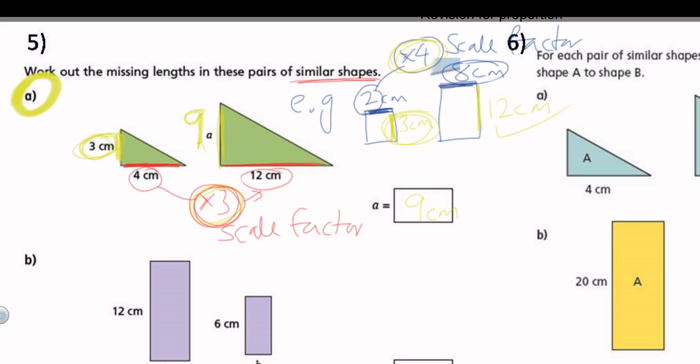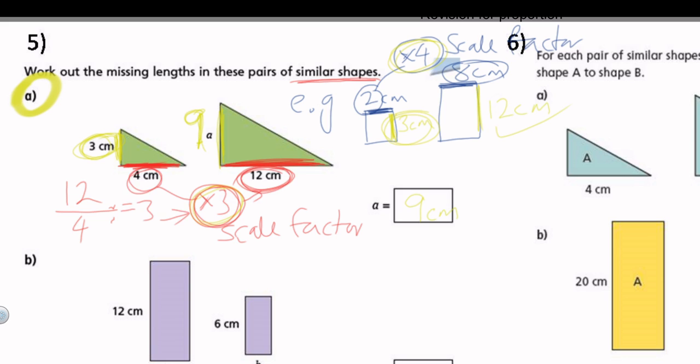But what you can do to get the scale factor is if you compare the two sides, both the bottom sides are given. So what you do is, see this 12 over here, you write 12 divided by this 4 over here. So 12 divided by 4, that gives you 3. That's the scale factor.